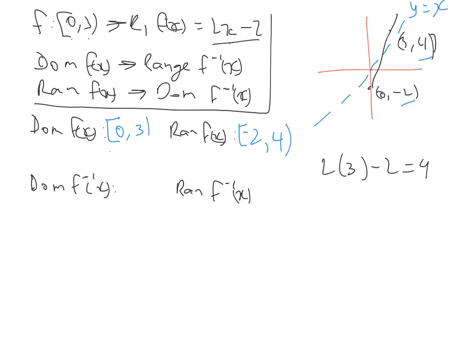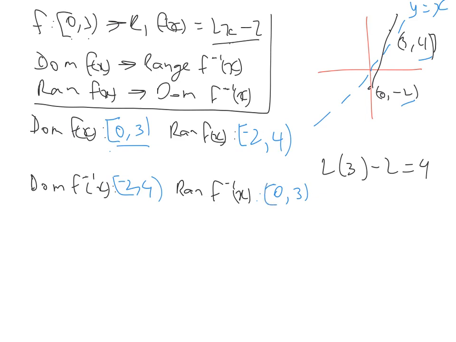So this is just going to be -2 to 4. And our range, we've already got it there, so it's going to be 0 to 3. The 3 needs a rounded bracket, so the brackets have got to line up.